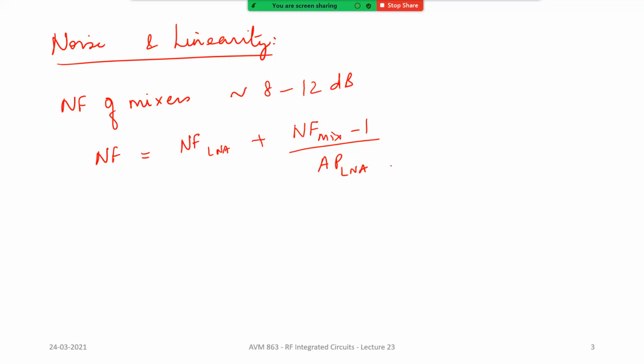All right. So this is the one which is going to save the day. And the other thing is, of course, you have linearity issues, right? So for noise figure of mixers, you really can't get anything beyond, like, 6 dB. Like 6 itself is too good. Typically around 8, 10, 12 dB of noise figure is what you would get for a mixer.